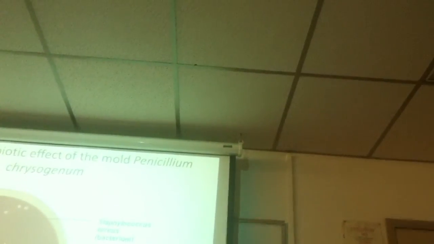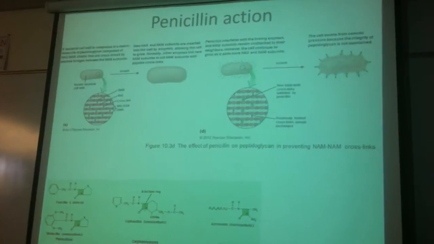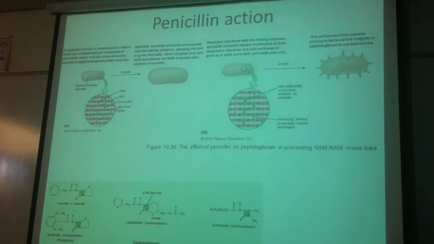Okay, so how is this working? So, I told you that it was inhibiting the cross-linking. So, normal bacteria cell walls, you know, you have the NAM, the NAG, you get that 4 little tetramer cross-linking here.